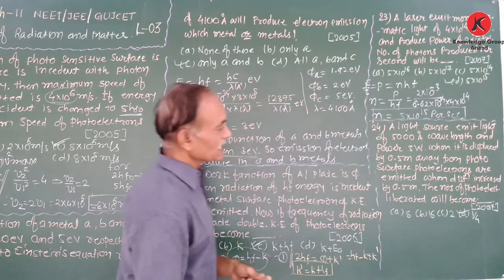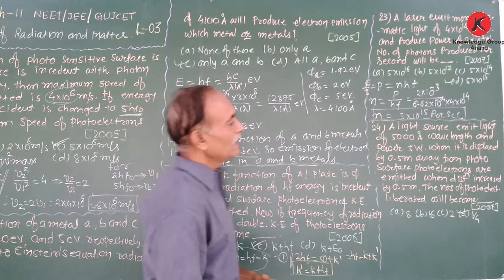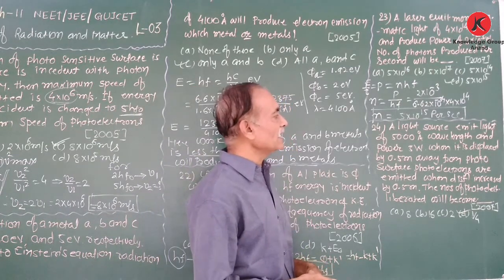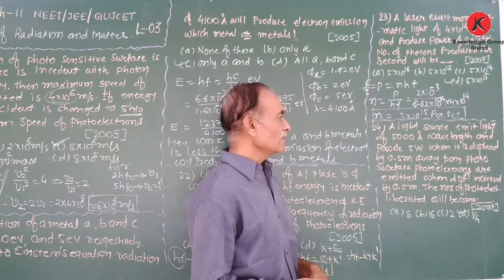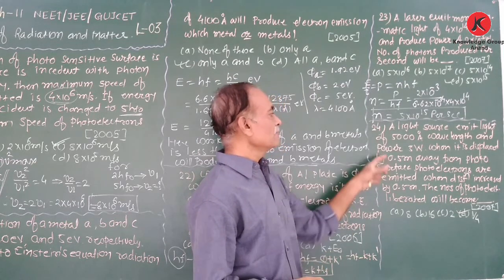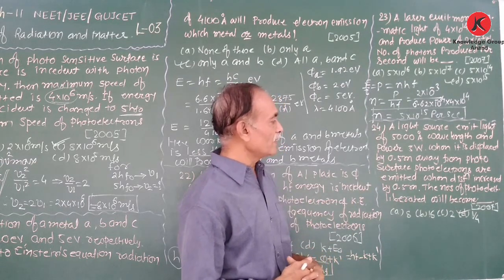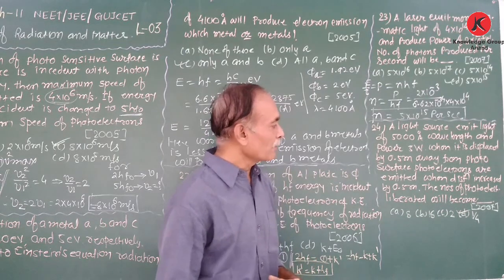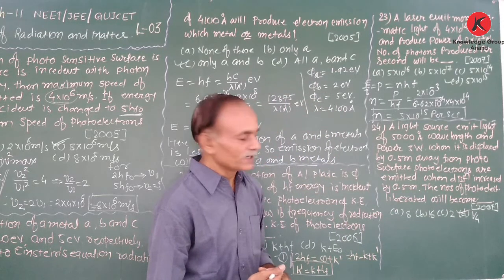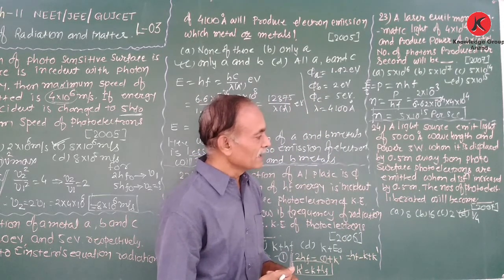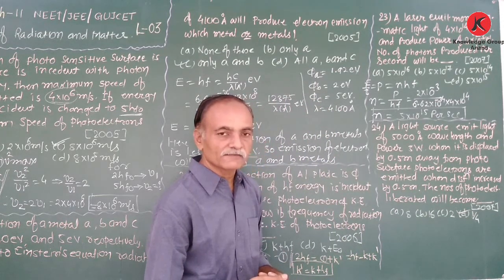Now the next, asked in 2007. What is given? The light source emits light of 5000 angstrom wavelength and power is 5 watt. When it is placed 0.5 meter away from the photo surface, photoelectrons are emitted. When the distance increases by a further 0.5 meter, the number of photoelectrons liberated will become.